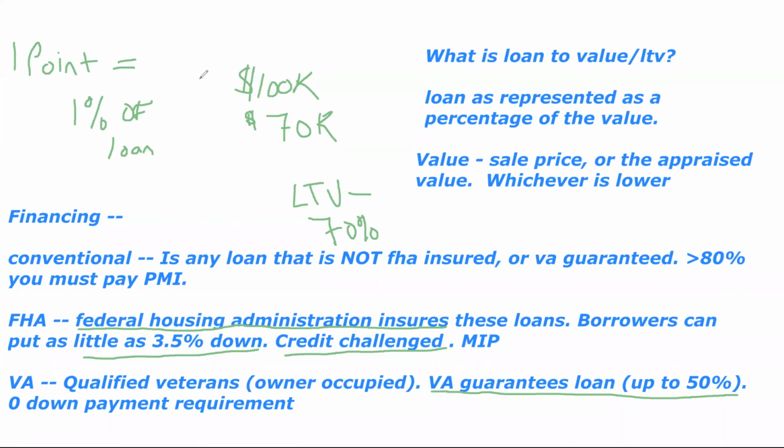And that would be 1% of the loan, not of the value. So if we had a situation like this where there was a $100,000 value, okay, meaning that it was sold for $100,000, and then the loan was $70,000, what happens is the point would be off of the loan amount, okay, not off of the value. Point is always based off of the loan amount, no matter what you're talking about.